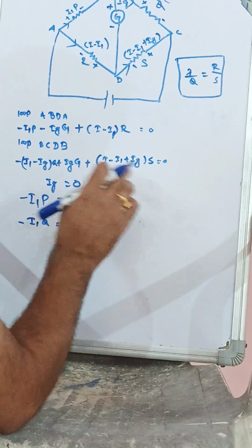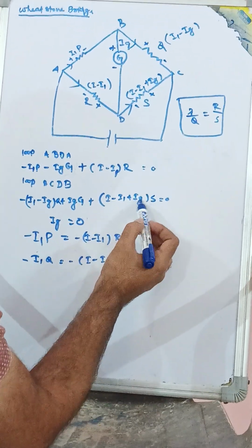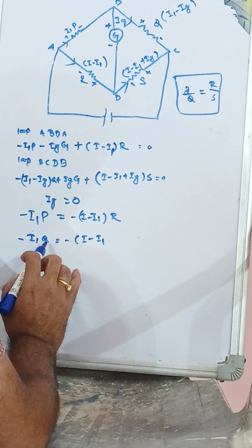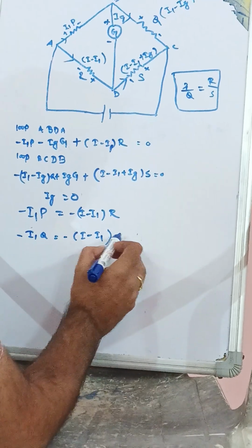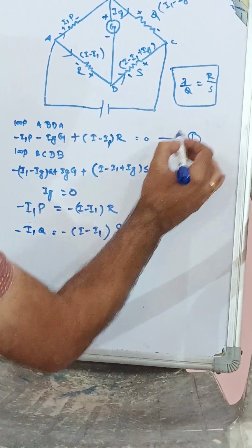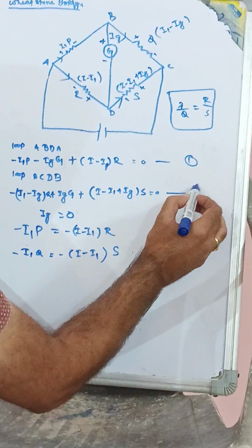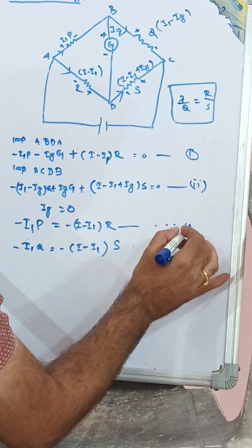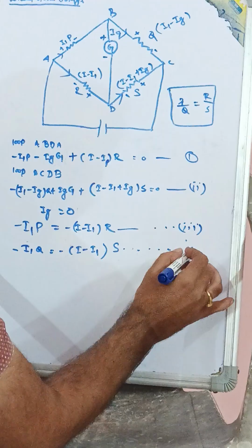We put this value, that is Ig is equal to 0. Then minus I1 Q is equal to minus (I minus I1) into S. This is equation number 1, this is equation number 2, this is equation number 3, and this is equation number 4.